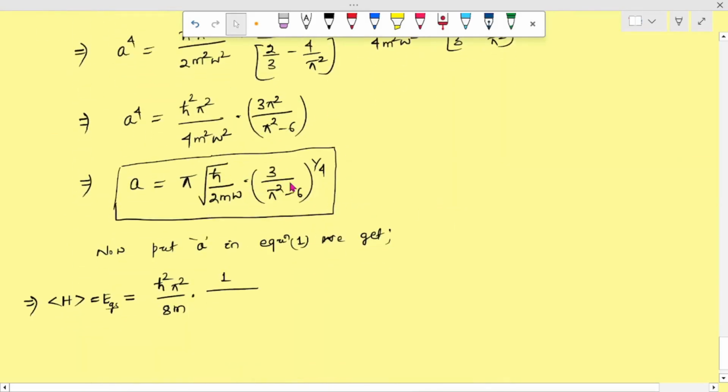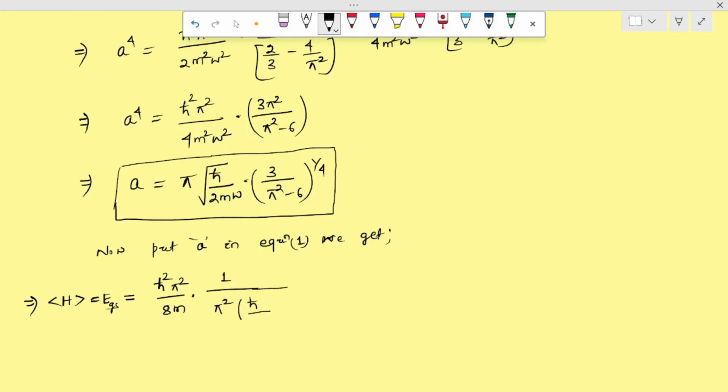If I put this value, then a² means this π will be π², and this root over will be removed. It will be ħ by 2m ω, then this term 3 by π² minus 6 to the power 1 by 4 is there.